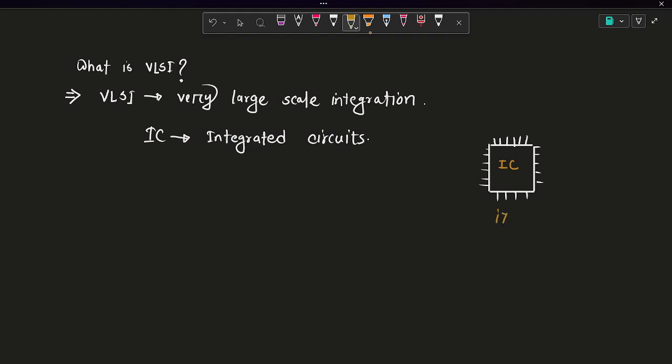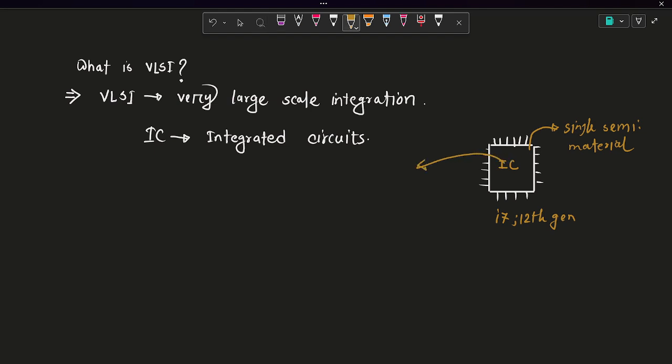So in my processor, let's say it is i7 12th gen, these electronic components are integrated inside a single semiconductor material. So this is, for example, a single semiconductor material or chip. This integration of many electronic components in a single semiconductor material is called VLSI, which stands for Very Large Scale Integration.